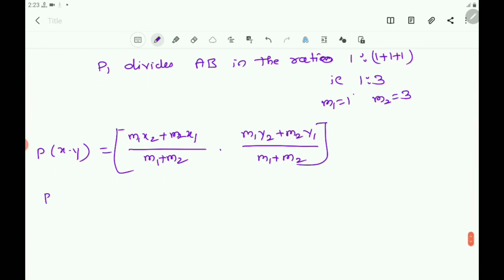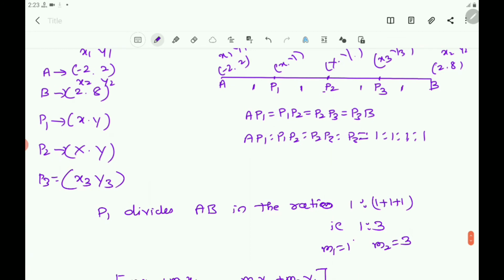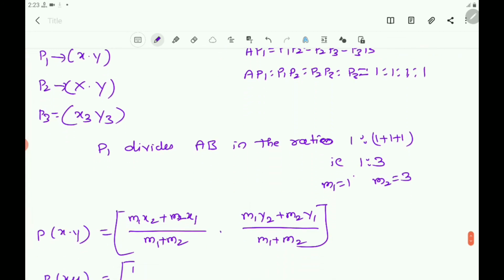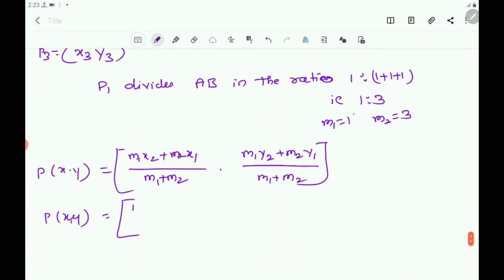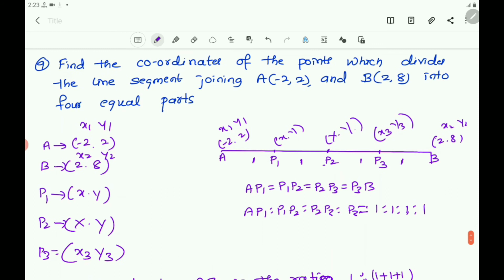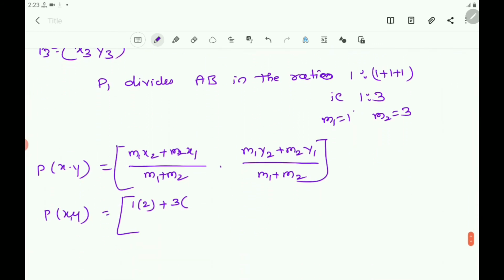Then you write P of x, y equals m1 is 1, x2 is 2 plus m2 is 3 of x1 is minus 2 by 1 plus 3.